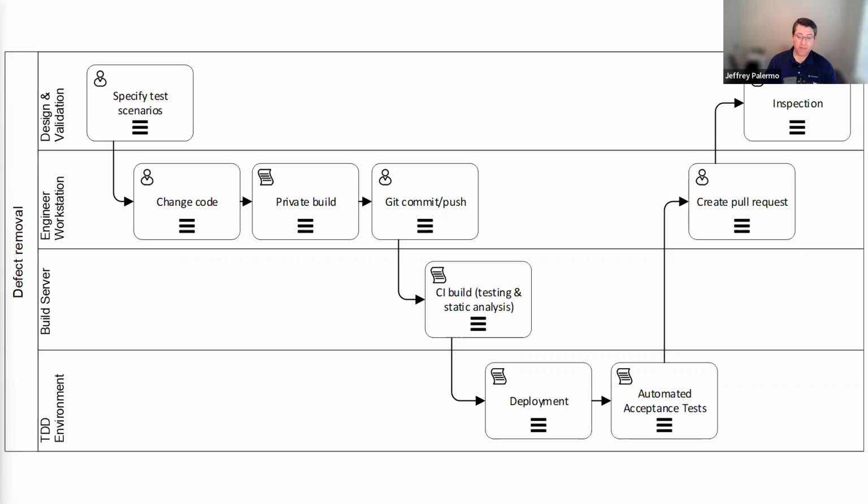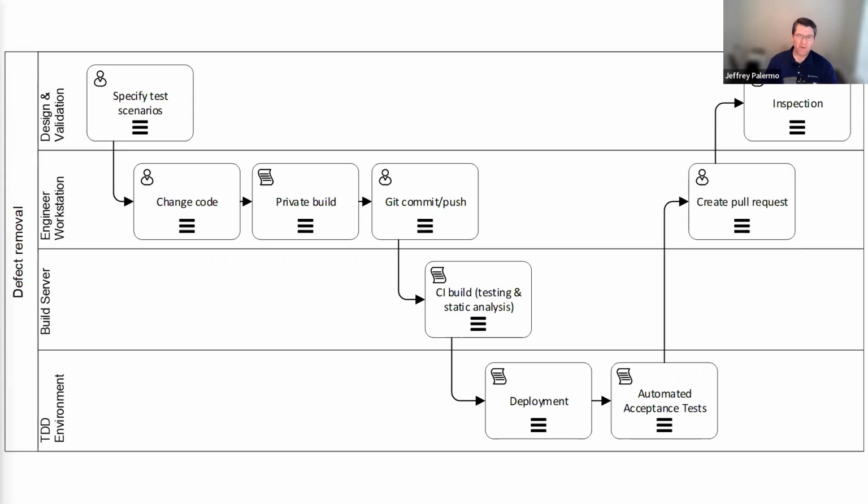Capers Jones in his research has shown that there are three quality control methods that reliably elevate teams' delivery quality up to the high 90s percent defect removal before production. One of them is testing. One of them is static analysis, and the other is formal inspections.